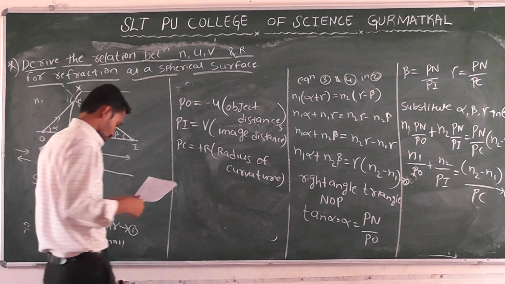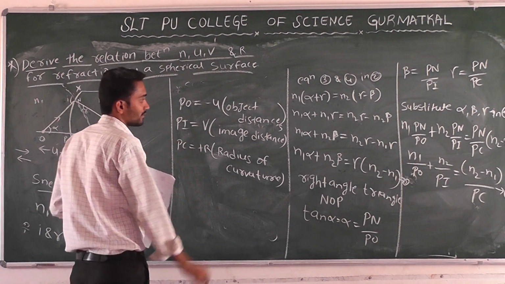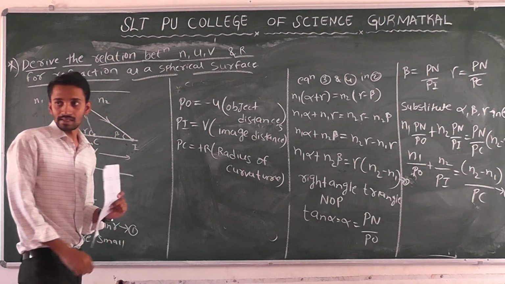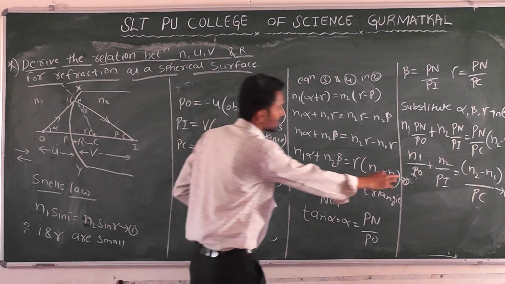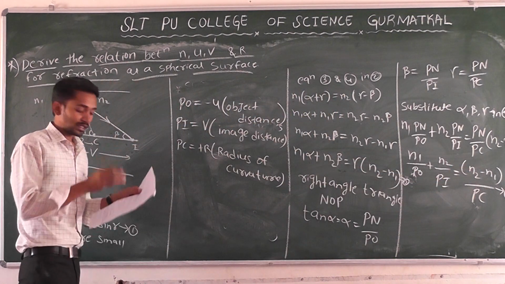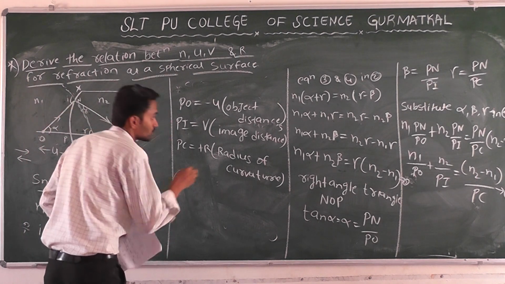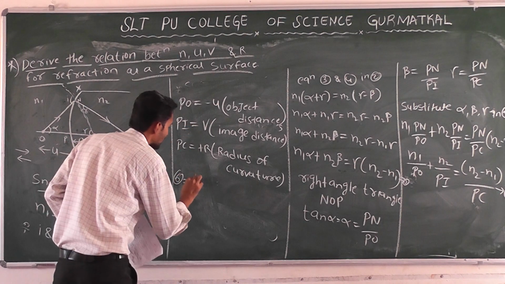Next, we will substitute the PO value, PI value, and PC value in equation 6. Where is equation 6? Here are PO, PI, PC; we have to substitute these values. In equation 6, I will write n1.